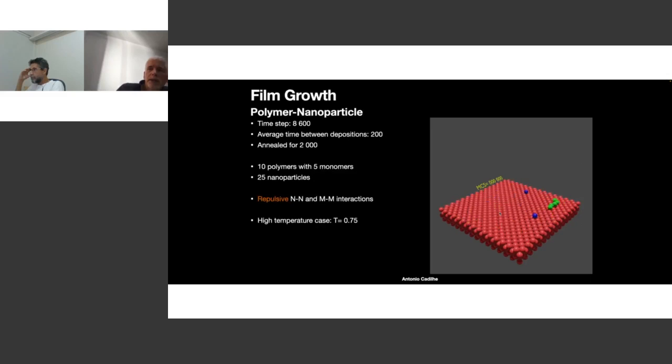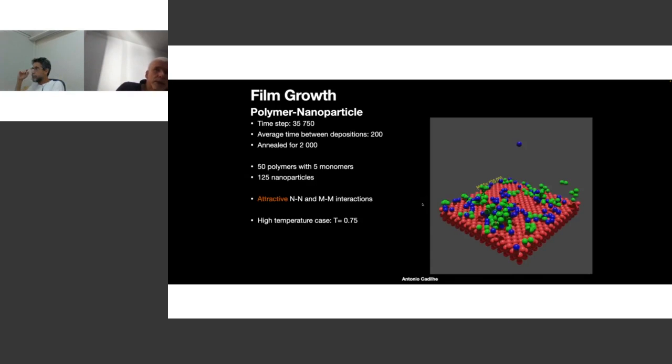So in this case, you can see a very important detail: particles land, attach to the substrate, and then they can leave. And because they can leave, the roughness of the film is going to increase dramatically.